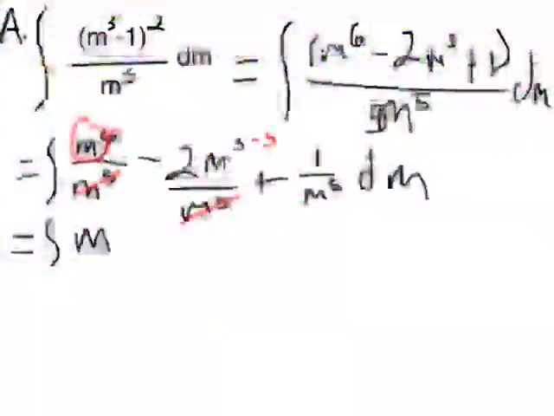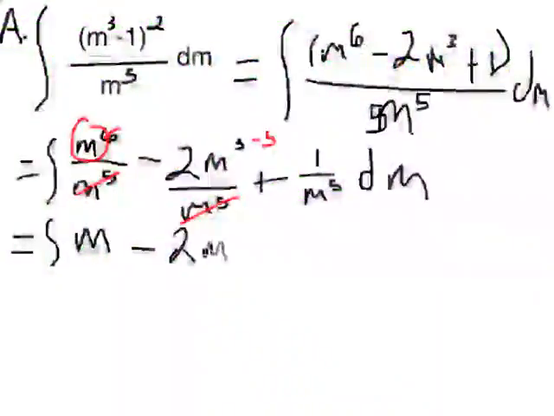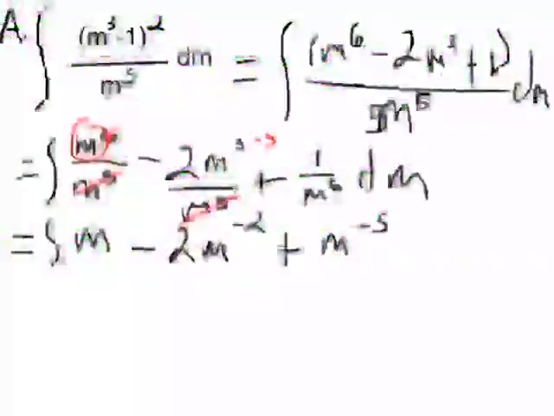Then, in the next part, we are able to bring minus 5 from here and make this 3 minus 5, which leaves us with negative 2m to the negative second power plus m to the negative fifth dm.